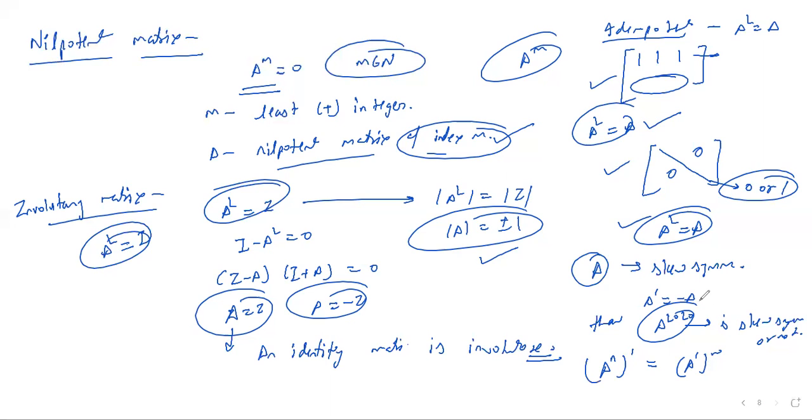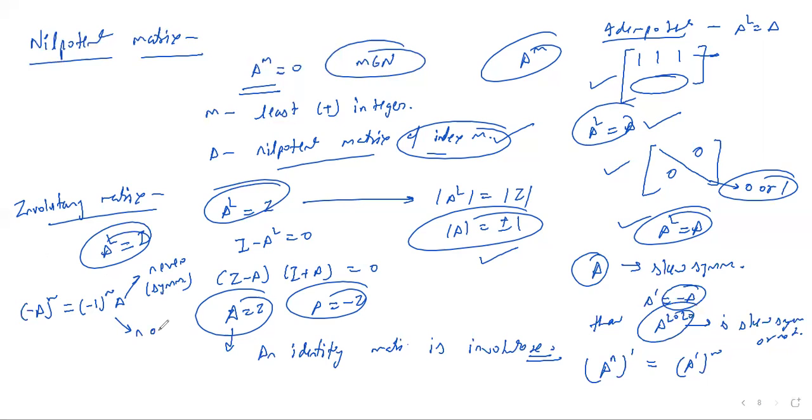Now we have to check this: if A is skew symmetric, then minus of A's power n, what will that be? That is equal to minus 1's power n into A. Okay, so from this we can make the case that if n is even, it will be symmetric, because it will be equal to A. This minus 1 term will vanish if n is even.